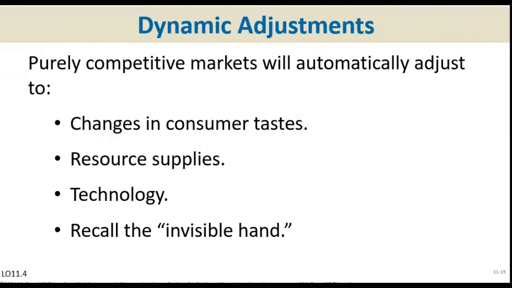So the dynamic adjustment will always happen in a pure competitive industry. When changes in demand, resources, supplies, or technology happen, a temporary disequilibrium will occur and cause expansion or contraction of the industry until a new equilibrium is reestablished.